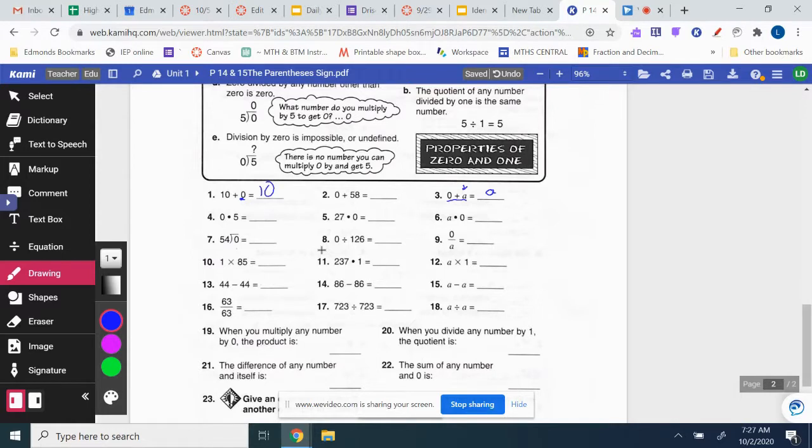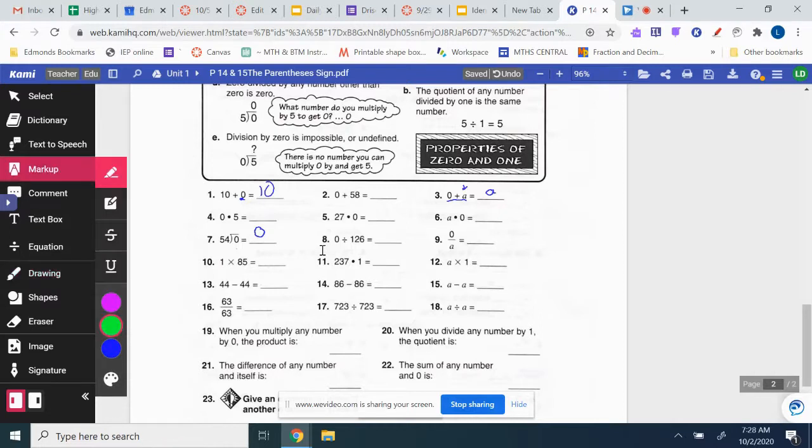And if we multiply by any number, guys, remember it's 0. So think about that for numbers 4 and 6. 7 says 54 divided by 0. Well, guess what? It's 0. If I have 54 kids and 0 jelly beans, how many jelly beans are they getting? They're getting 0.